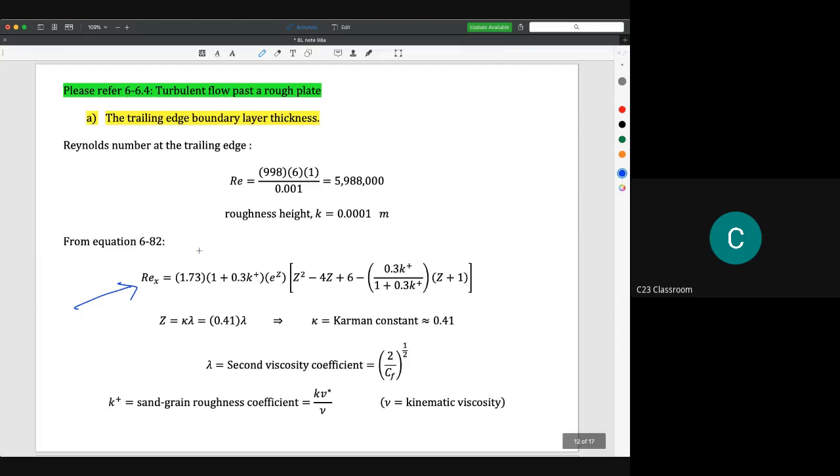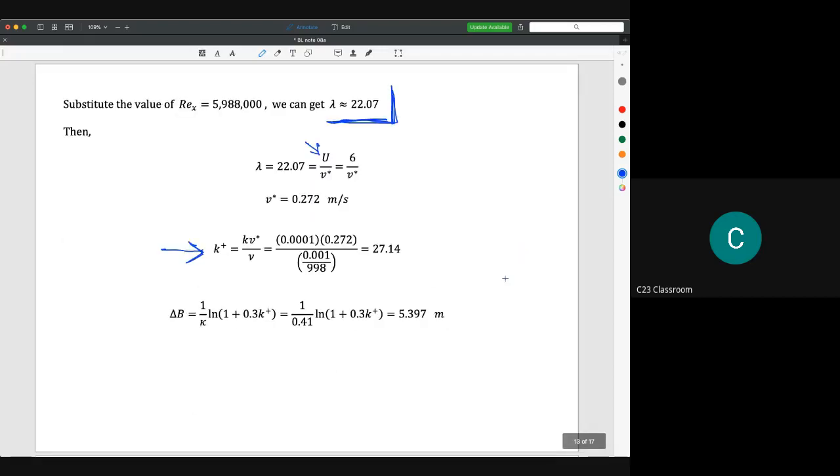And now it is proposed with a certain equation, very complex, like this one. And after we get the k plus here, which is 27.14, we need to calculate the value of delta B here. Delta B is the coefficient for the grain sand, for the sandpaper actually.